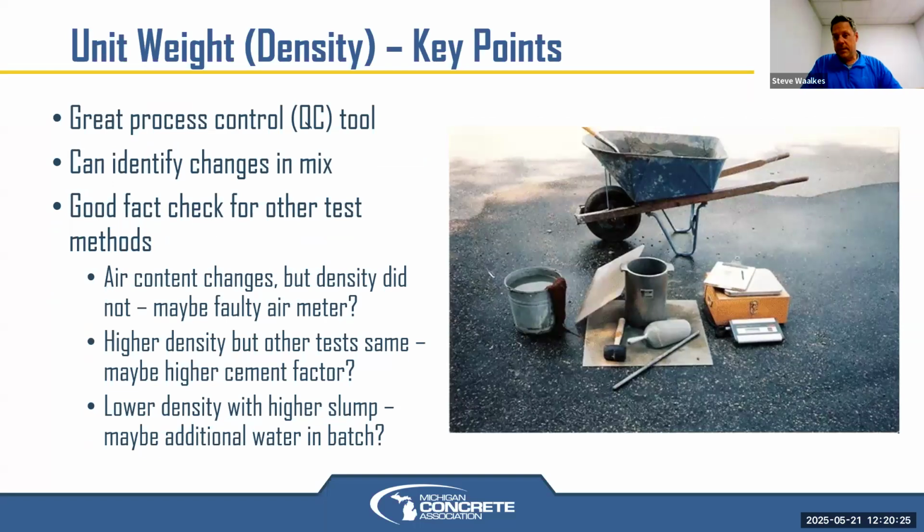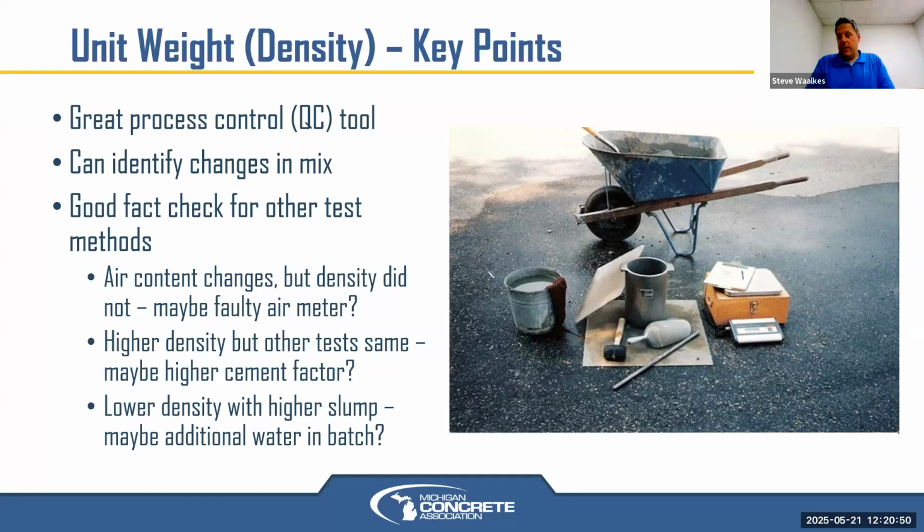Unit weight or density, where we literally just weigh a known volume of concrete and get the pounds per cubic foot of that particular amount, is a great process control or quality control tool for contractors or suppliers to know what their density is every time the other tests are being done.